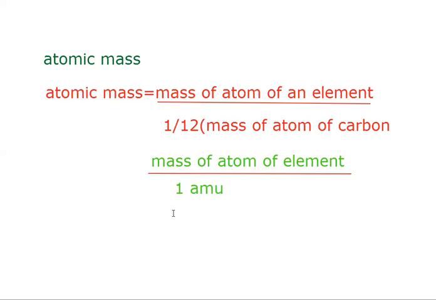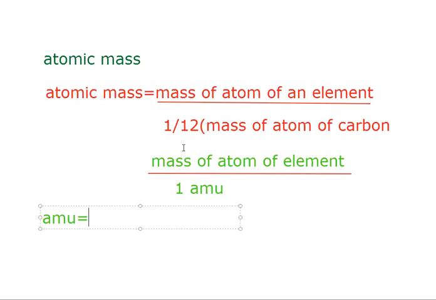Okay, this 1 AMU is nothing but the atomic mass unit, and it is calculated from the value of 1/12 mass of atom of carbon. So now let us see how this atomic mass unit is calculated.